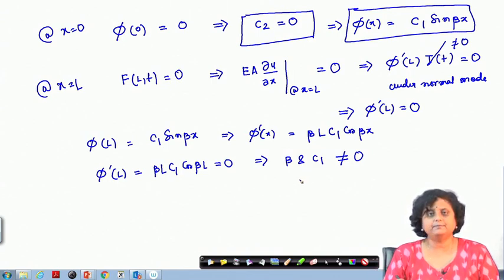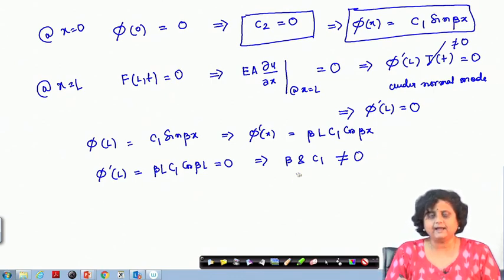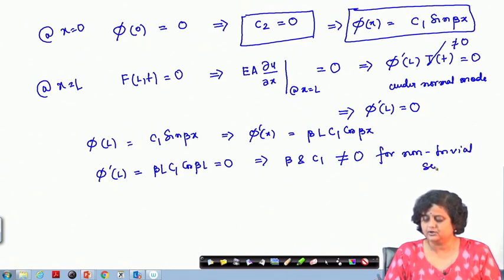Again, if my beta is equal to 0, then also phi x is equal to 0, which is also a trivial solution. So, beta and C1 cannot be equal to 0 for a non-trivial solution. Otherwise, the solution is going to be trivial.